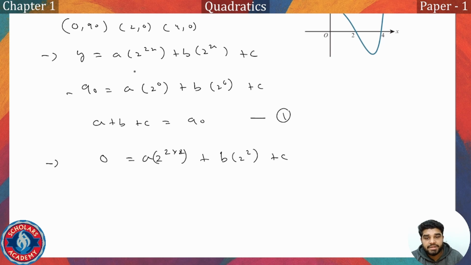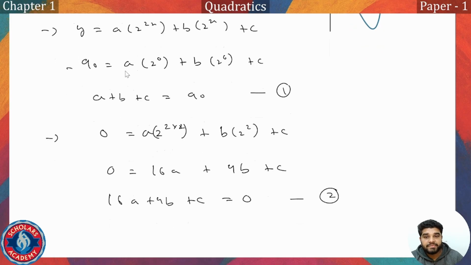That makes this equation as 0 is equal to 2 raised to power 4 is 16a plus 4b plus c, right? So let's mark 16a plus 4b plus c as equation number 2.